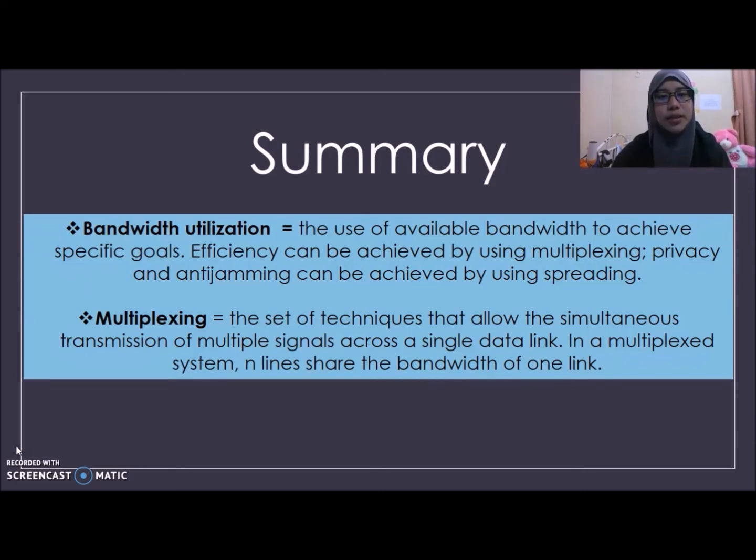Privacy and anti-jamming can be achieved by using spreading. Multiplexing is the set of techniques that allows the simultaneous transmission of multiple signals across a single data link. And in a multiplexed system, lines share the bandwidth of one link.